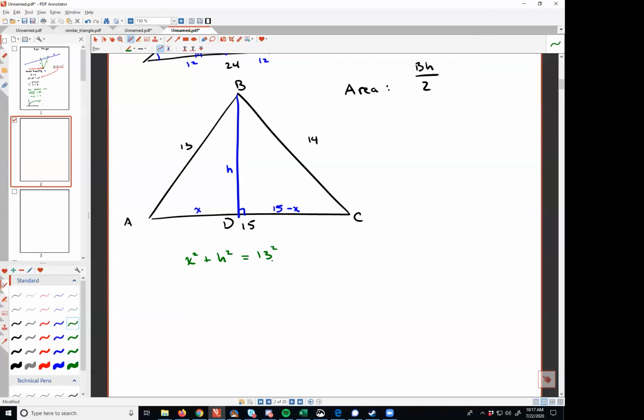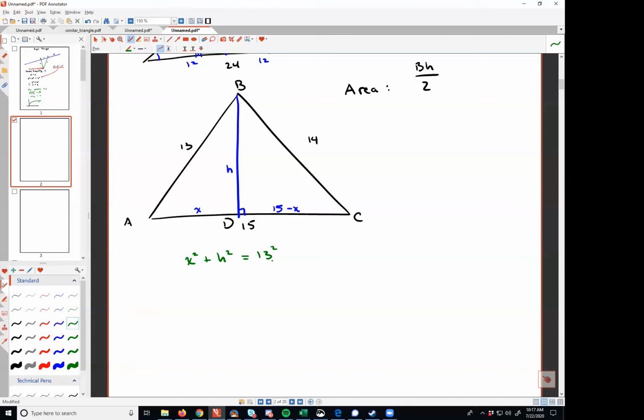It shares a leg with right triangle BDC. What do we know because of right triangle BDC? That triangle ADB has a 90-degree angle. We know it's a right triangle.